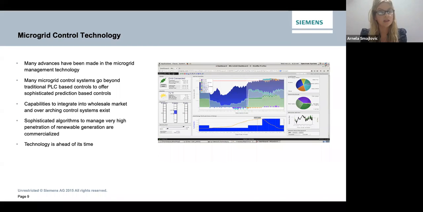There are also sophisticated algorithms to manage high penetration of renewables, which have already been commercialized. And as I mentioned earlier, the technology is ahead of its time in comparison to current commercial use cases. It is now waiting for other things to catch up in the market and its management, and to create an overall business model that provides monetized incentives.